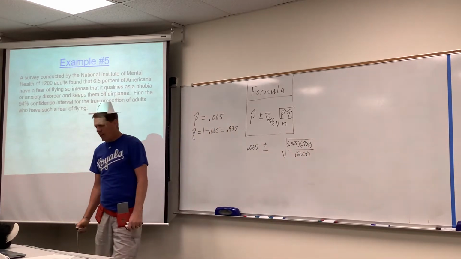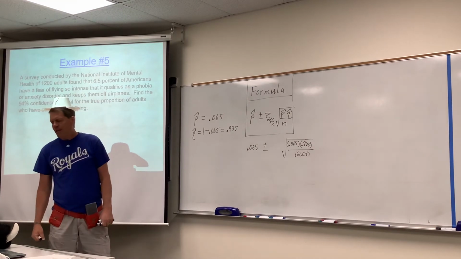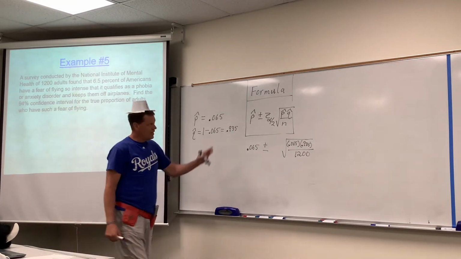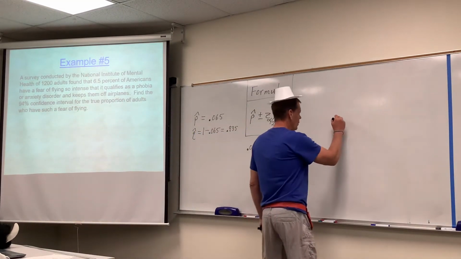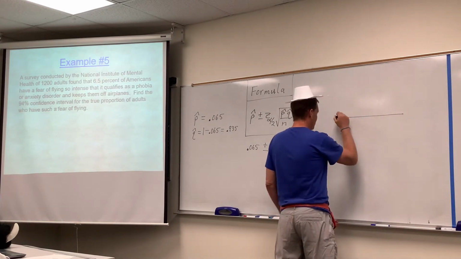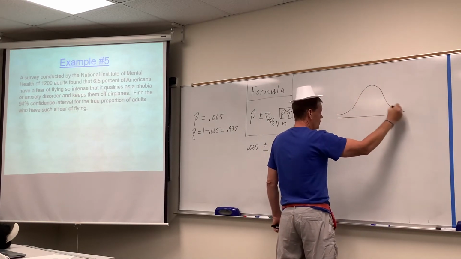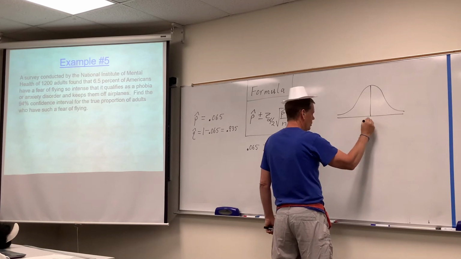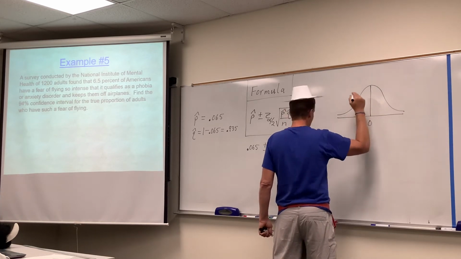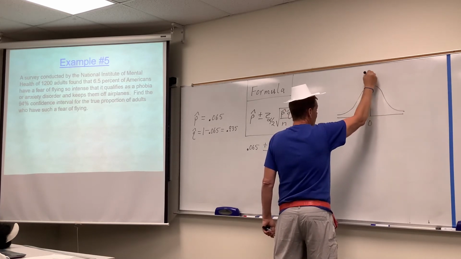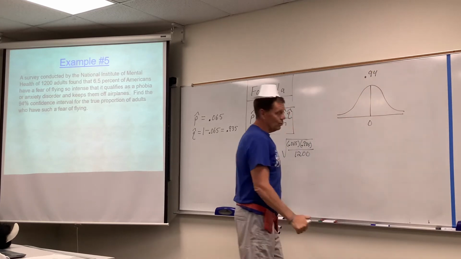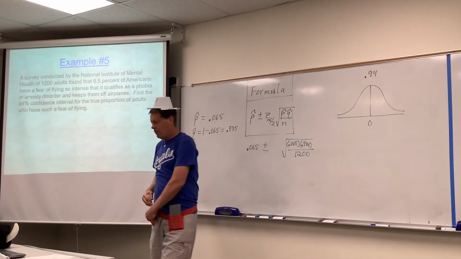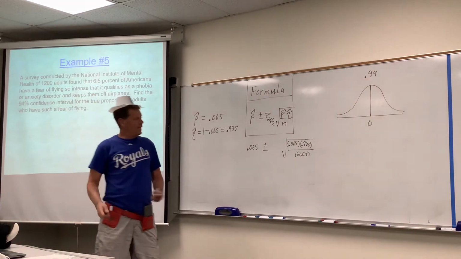I hope we've developed the ability to recognize that the z-score in these confidence interval questions is always going to be related to a bell curve with 0 in the middle and the level of confidence that the researcher wishes to have, 94%. It's kind of built in here.